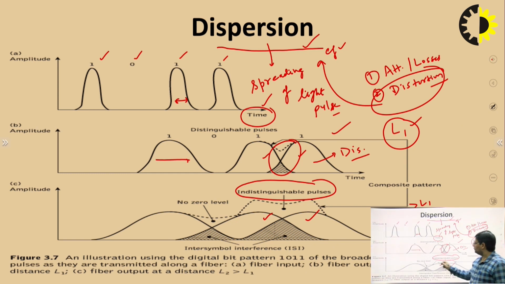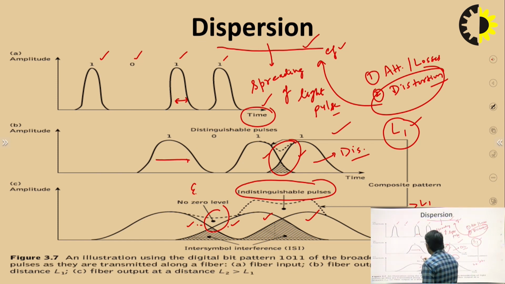Moreover, after spreading or dispersion, the pulses may cross the level 0 or level 1. So it will be difficult for the receiver to identify whether 0 was transmitted or 1 was transmitted. That is, 1 may be converted into 0 or 0 may be converted into 1. Or we can say that this will result in error.